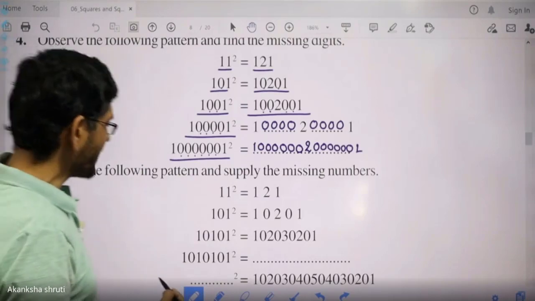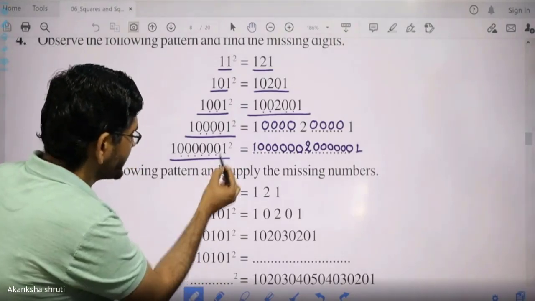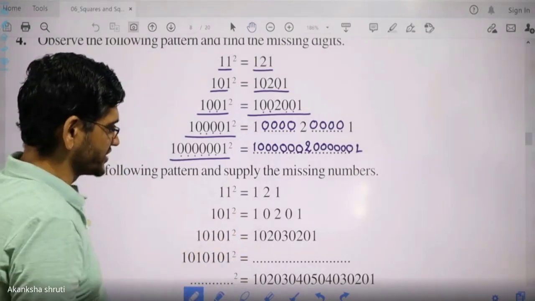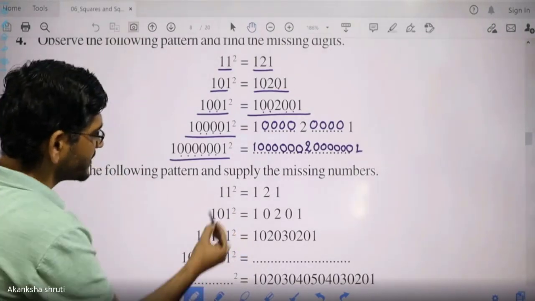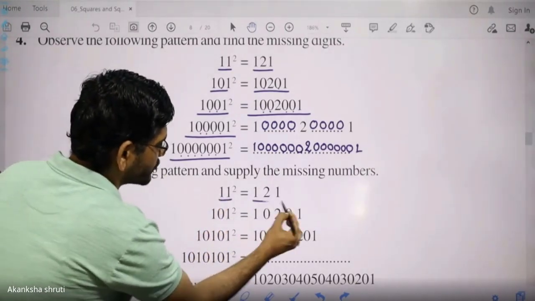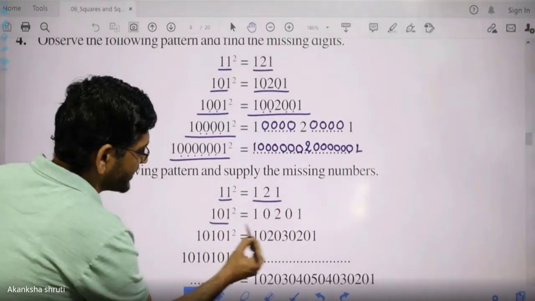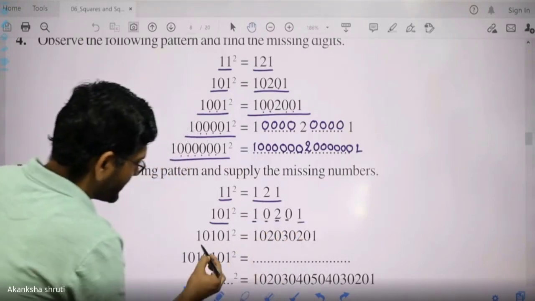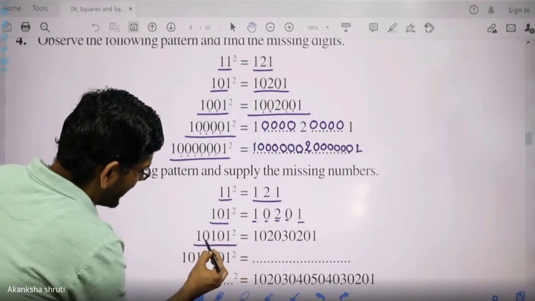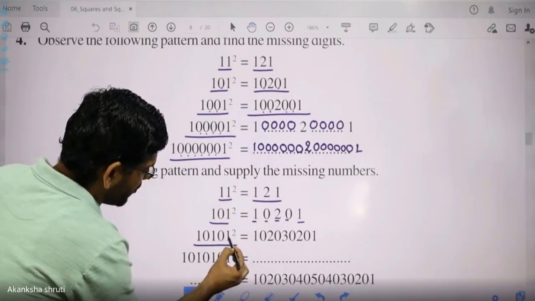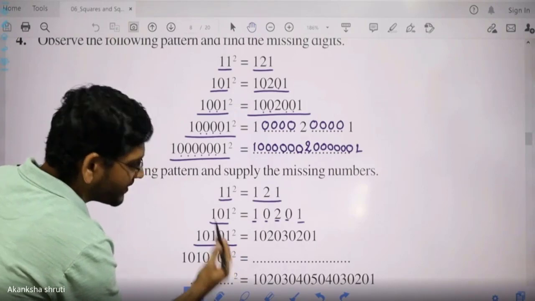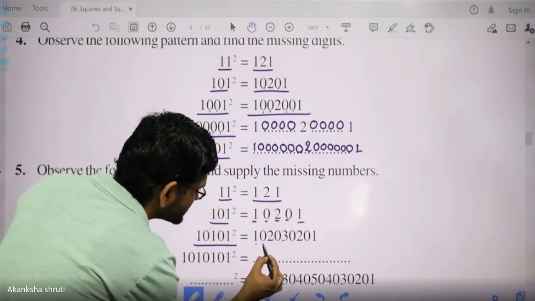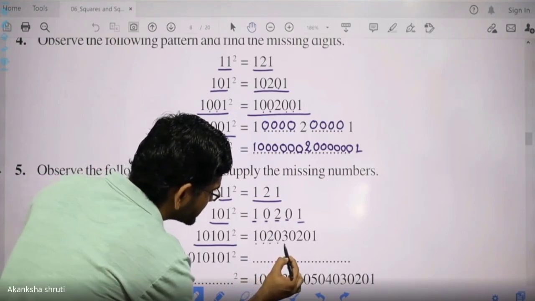Students, the other pattern where the 1 is not only at the unit digit but also in between, then how it changes. Observe this. Students, 11 squared is 1, 2, 1. Then 101 squared is 1, 0, 2, 0, 1. But if it is 10101, meaning 0 and 1 are alternately occurring, at that time what are we getting? 1, 0, 2, 0, 3.